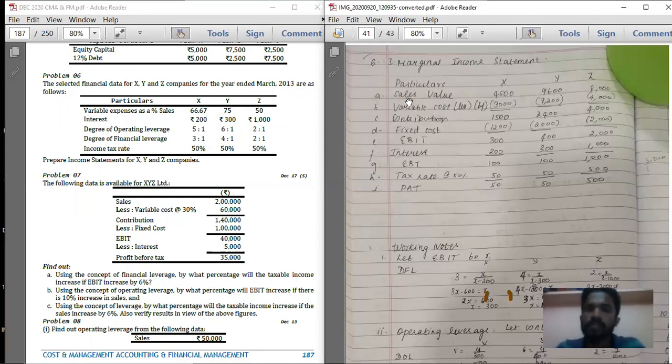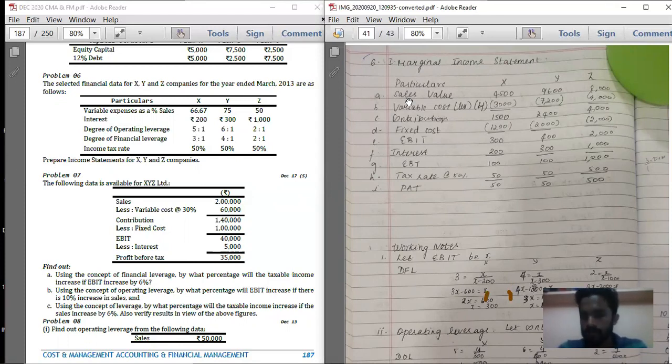Below that, small a sales value, below that small b variable cost, below that small c contribution, below that small d fixed cost. We are just writing the format of the marginal income statement.